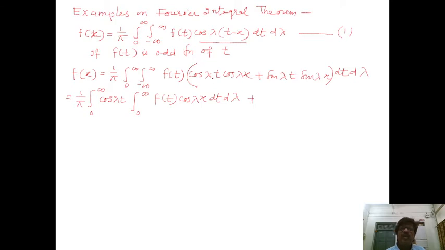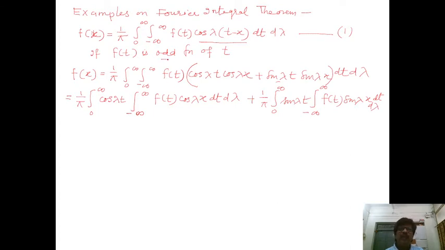We shall consider this first term, and the second term is 1 upon pi integral 0 to infinity, now sine of lambda t, this term, into integral minus infinity to infinity f of t into sin lambda x dt d lambda.